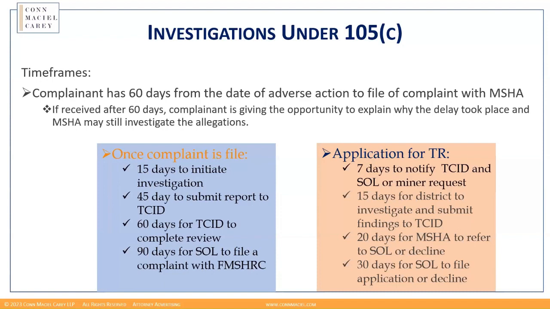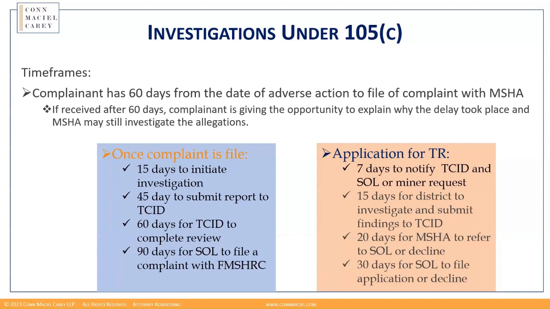So 60 days is a time frame that we want people to adhere to. If it comes in late, we're going to argue that it should be tossed out because it wasn't timely. Once that complaint is filed, you're going to have 15 days to initiate an investigation, 45 days to submit a report to TCID.